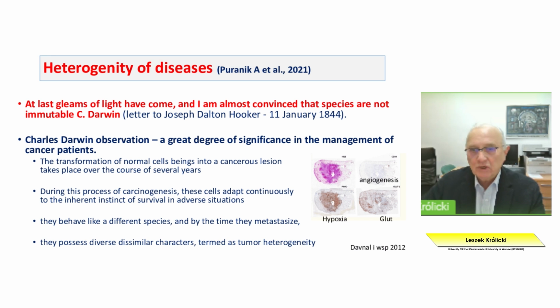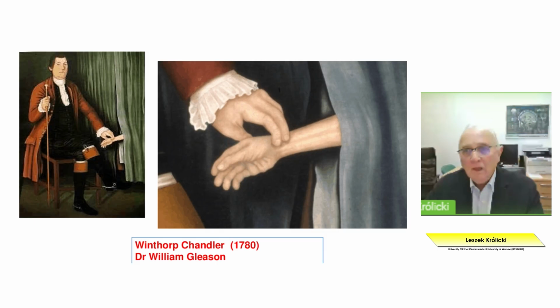They adapt to the environment. They create metastasis. So the statement by Darwin is a general theory and principle in the environment of live cells.